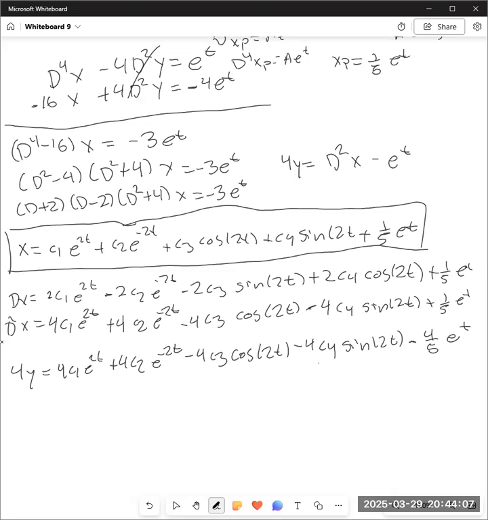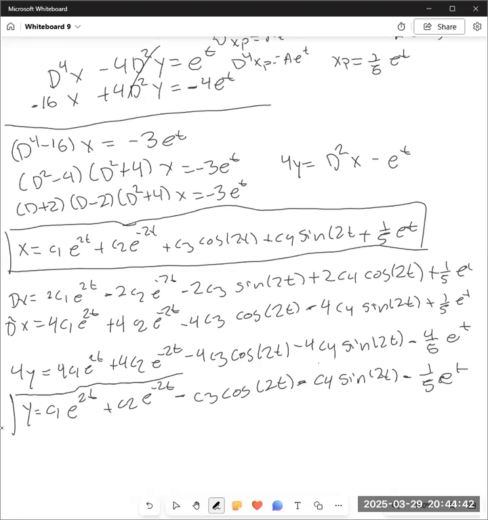And then we're going to divide by 4. And this is going to be y equals c1 e to the 2t plus c2 e to the negative 2t minus c3 cosine of 2t minus c4 sine of 2t minus 1/5 e to the t. And there's your y equals portion that goes with your x equals portion from earlier.